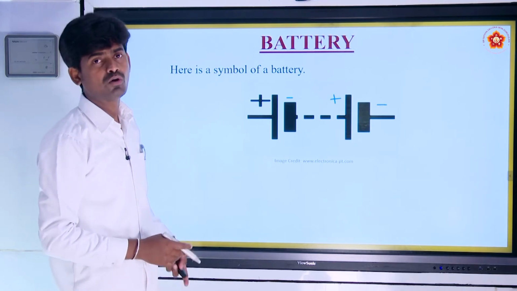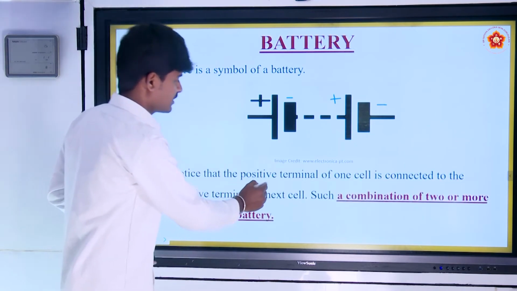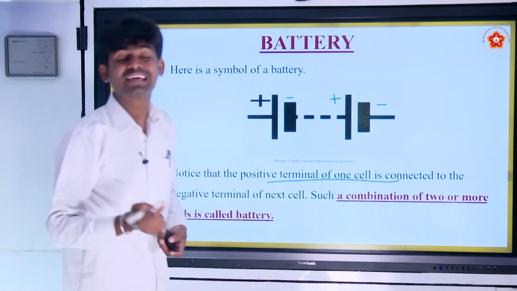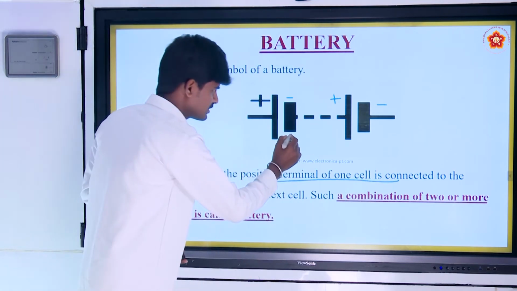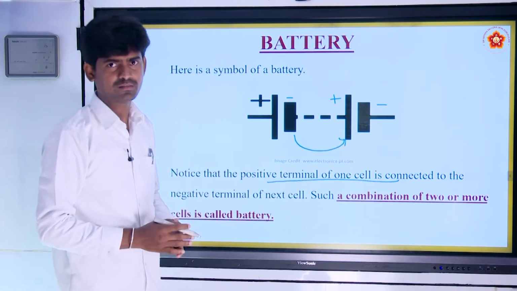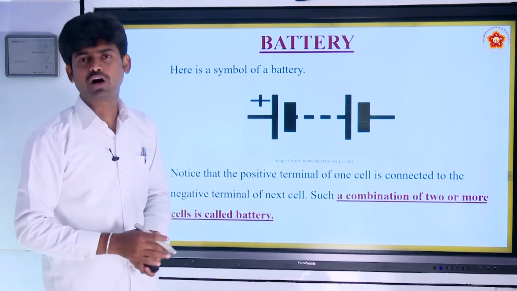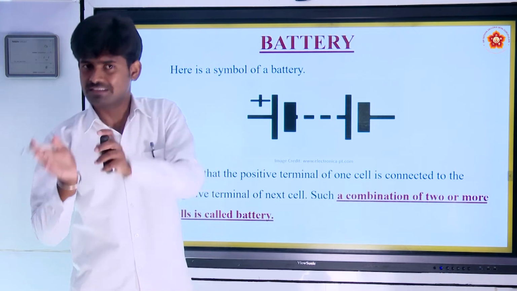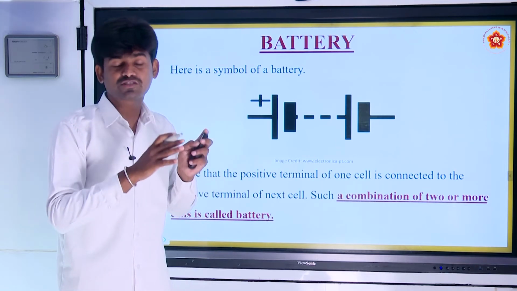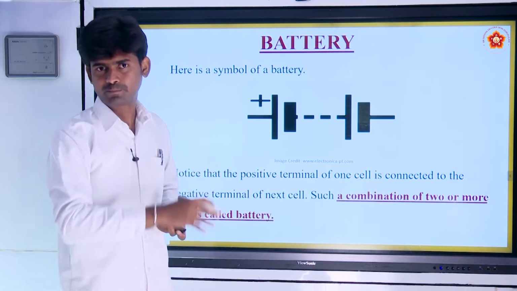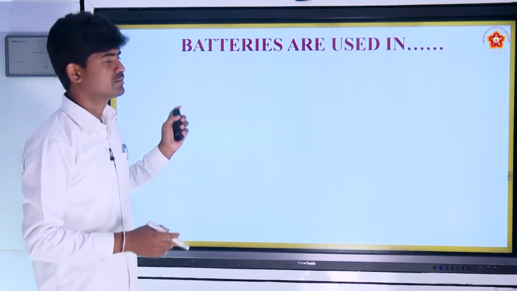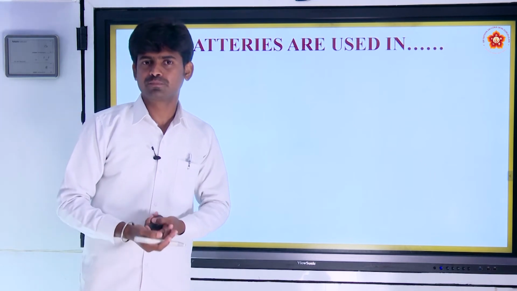So what do you mean by battery? Notice that the positive terminal of one cell is connected to the negative terminal of the other cell, and the negative terminal of the cell is connected to the positive. Such a combination of two or more cells is called a battery. Where are batteries used?